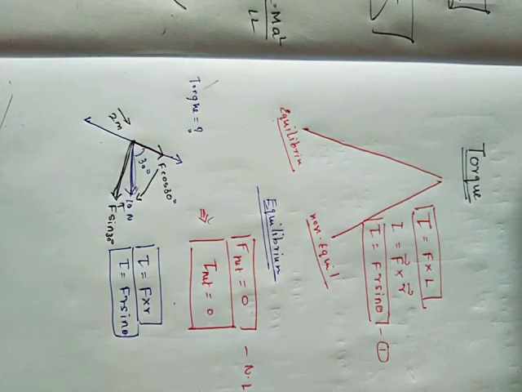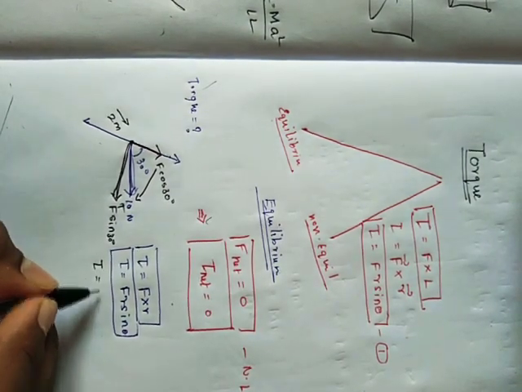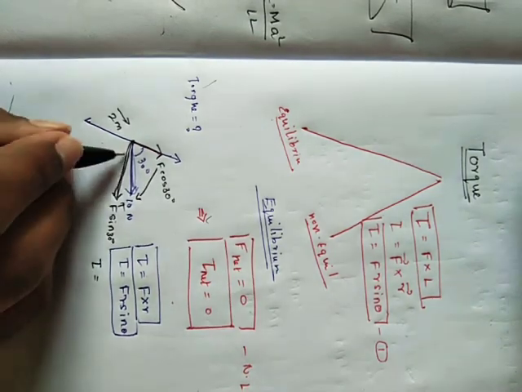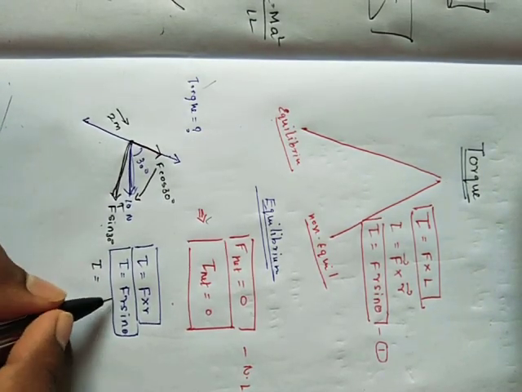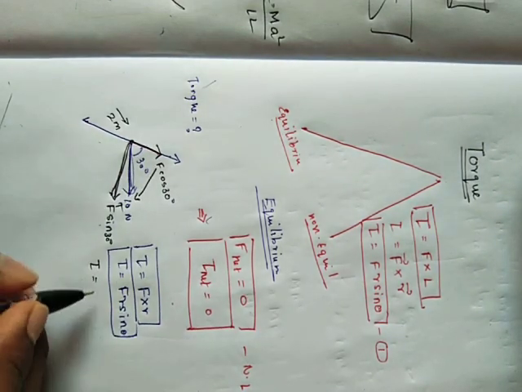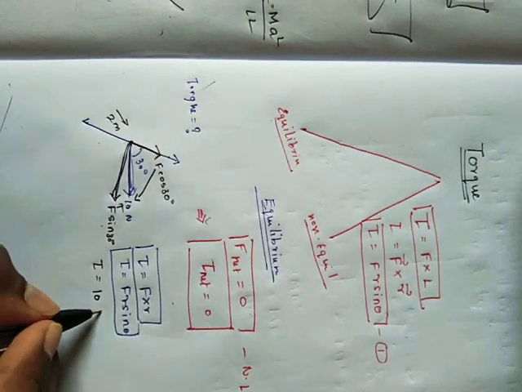I am just going to apply only torque. Torque equal to F, that is F sin 30 degree. Okay, this is F sin 30 degree, because I already said that it is F into R sin theta. So here F is 10 Newton, into what's R?